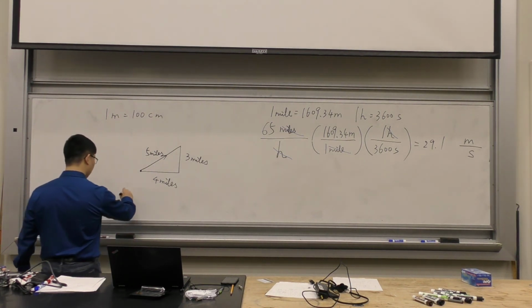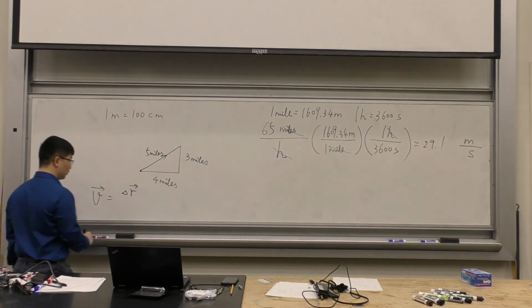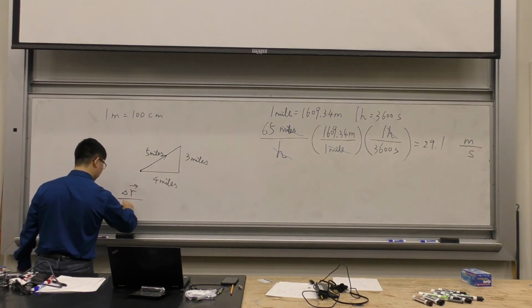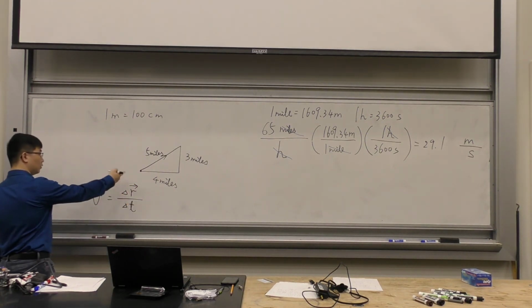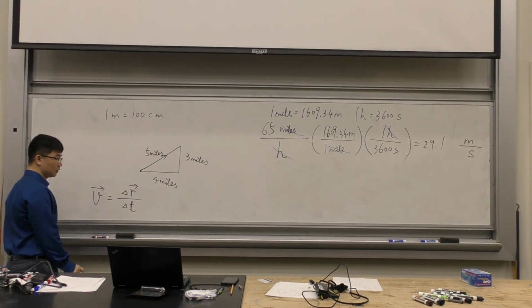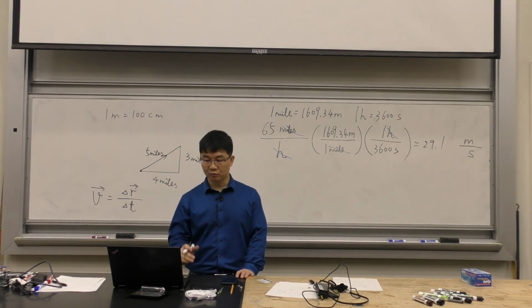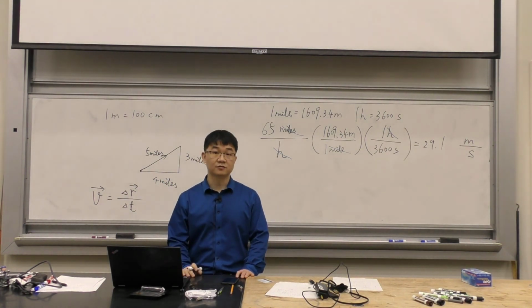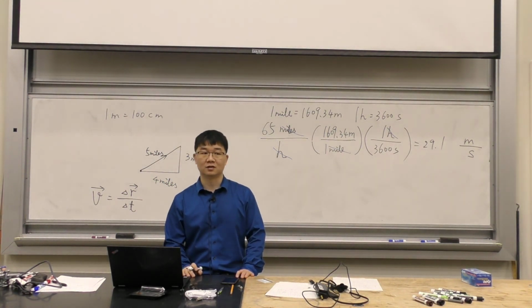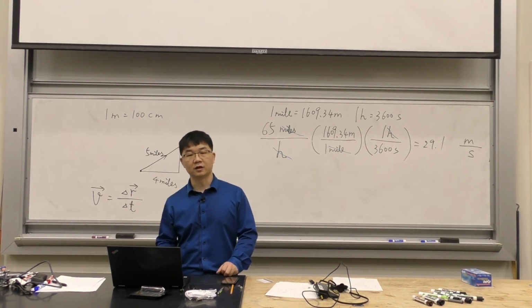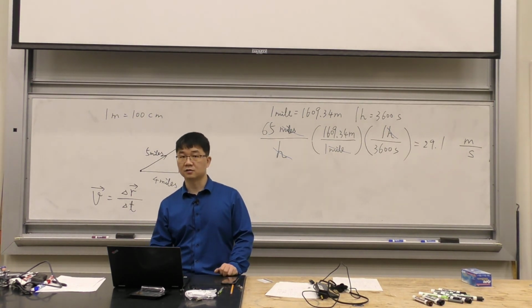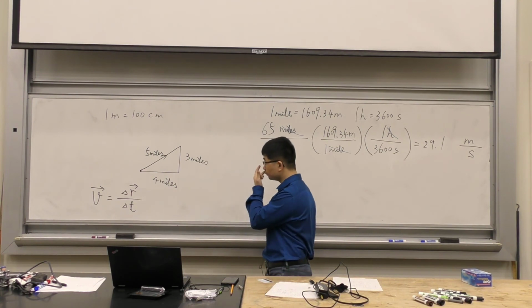Okay, so usually I would use an R with an arrow on top of it. So that's how we write the symbol for a vector. We write the symbol and then we put an arrow over the symbol to represent a vector. That's pretty much what everyone does to write the symbol of a vector.